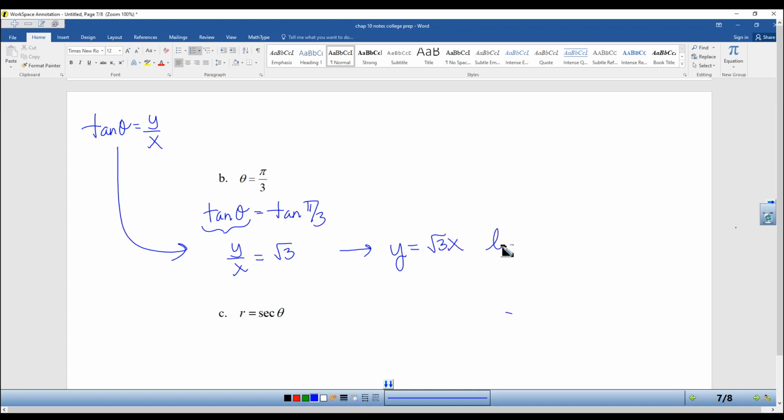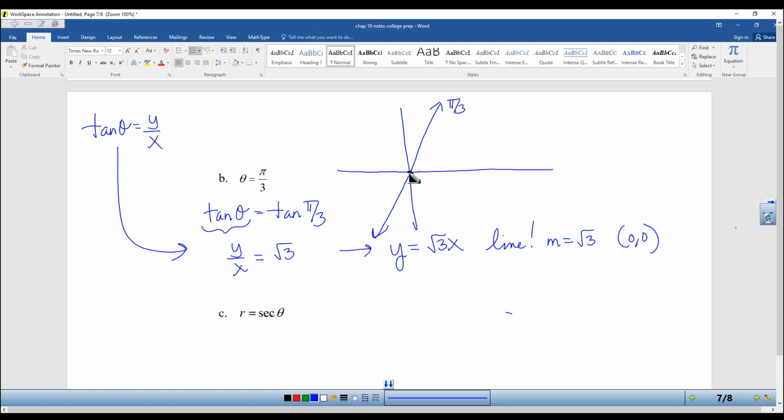What is that? It's a line with a slope of the square root of 3, and it passes through the point 0, 0. And if you think about it in polar terms, it's a line because it's just the pi thirds line. It doesn't say anything about r. So r might be 1 or 2 or 3 or 3.5.